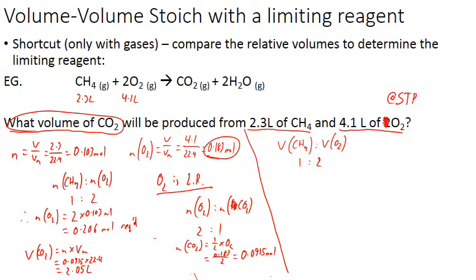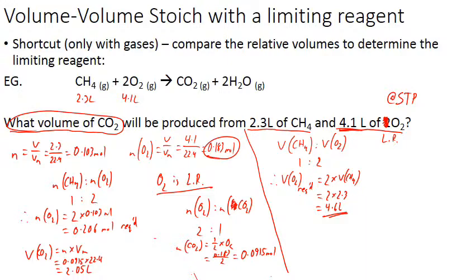So to react all of the CH4, we would require twice the volume of CH4, which in this case would be 2 times 2.3. So we would need 4.6 litres of O2. Obviously, we have less than that. We have 4.1 litres. So that means that O2 is our limiting reagent.